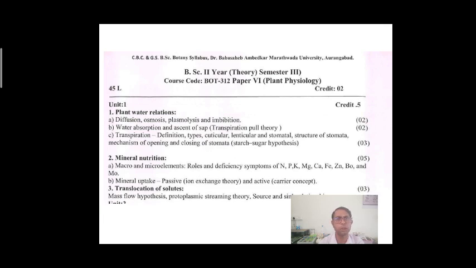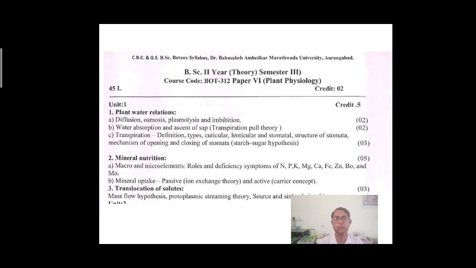Plant water relation has different terminologies, for example diffusion, osmosis, plasmolysis and imbibition. These terminologies are helpful in understanding the movement of water into and out of the cell.